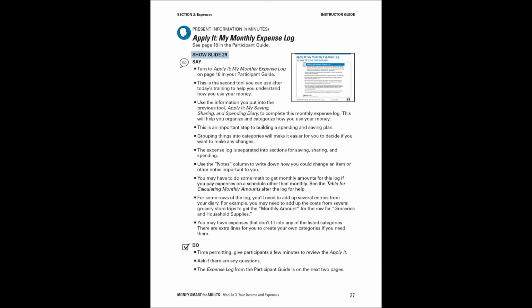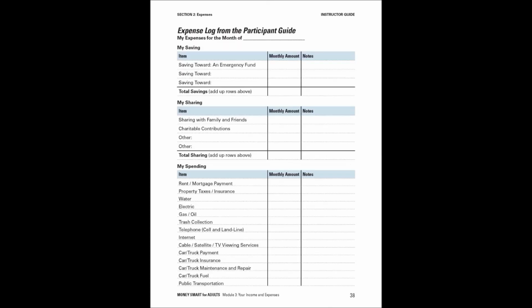So time permitting, again, give them an opportunity to review this, because you wanted them to do this after the training because of the depth and the length of time that it may take for them to complete it. But you want to give them an opportunity to ask questions of you so that they can get a good understanding. And as you can see here on page 38, you'll see exactly the worksheet that they're going to be working with.